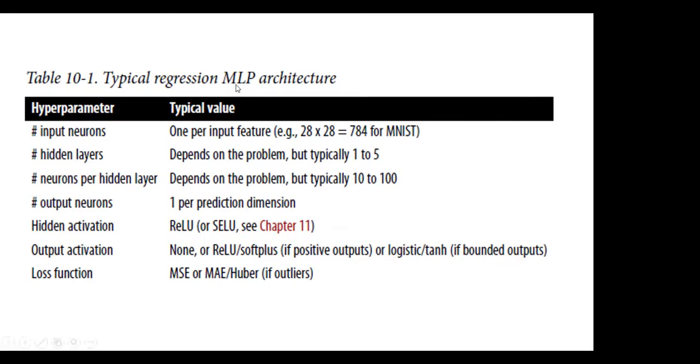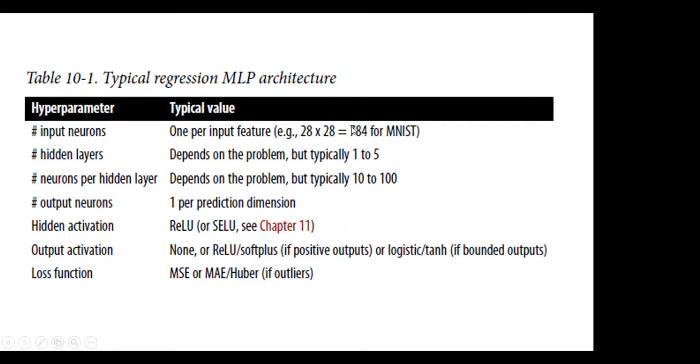We saw that we can use MLPs for regression, and this is the regression MLP architecture. We have one input neuron per feature of many images with size of 28 by 28.